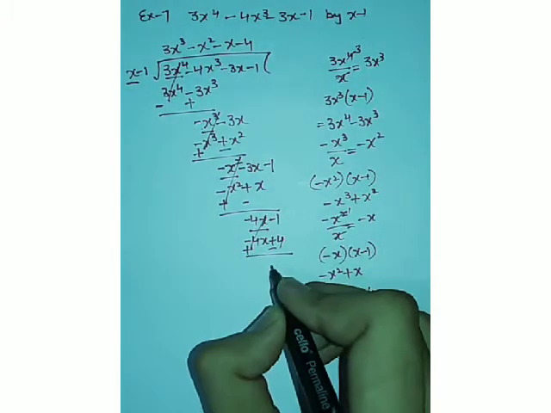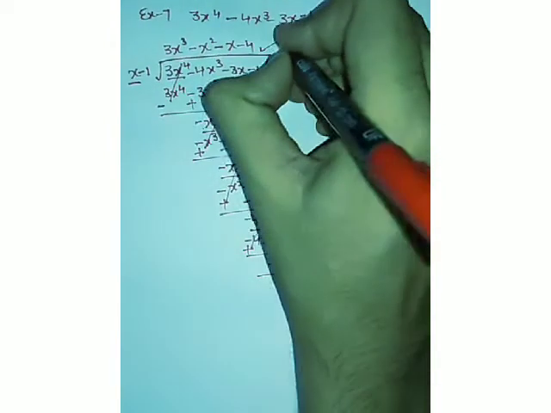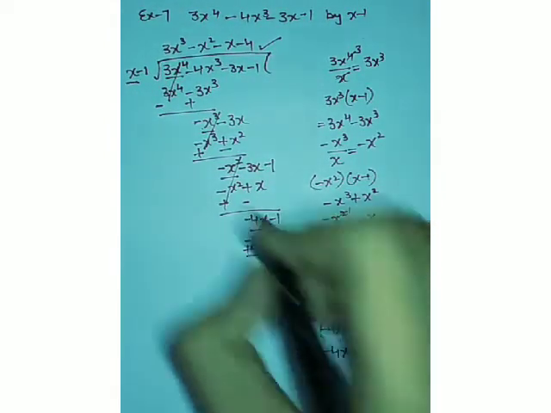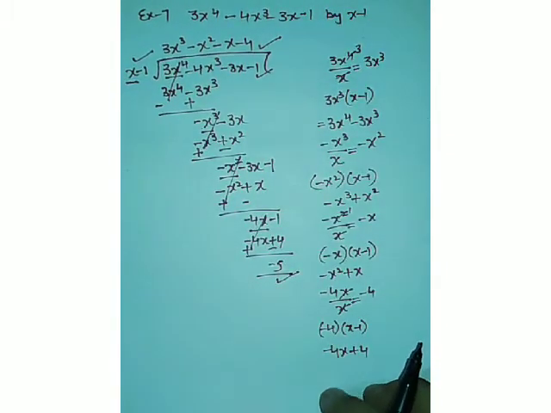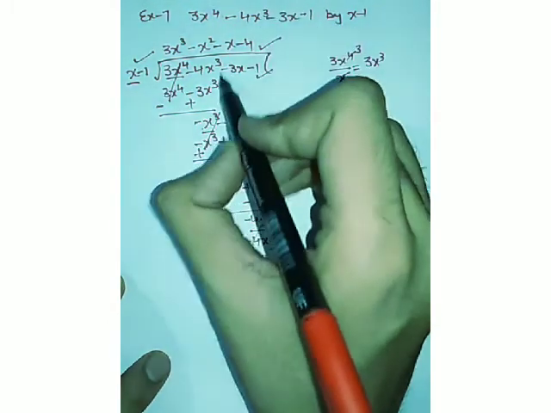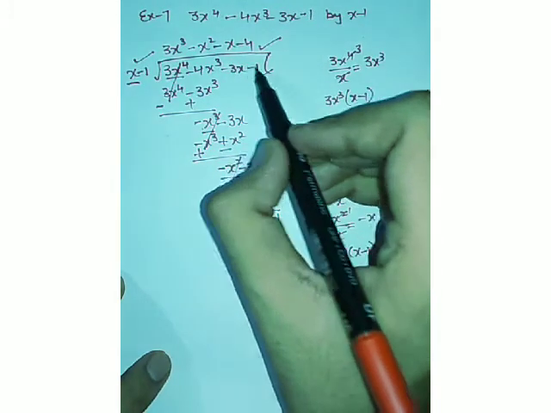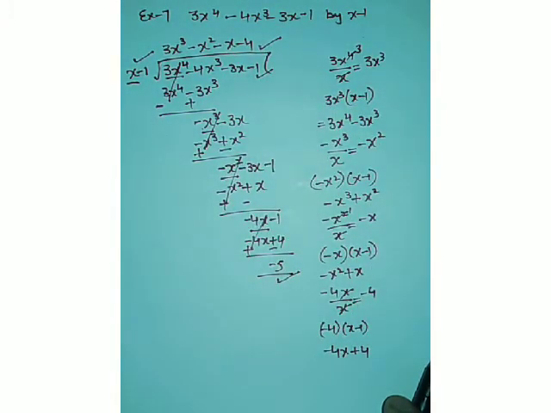This will be cancelled and minus 5 will be your remainder. So this is our quotient, this is our remainder, this is dividend, this is divisor. This is how you can solve the division of two polynomials when a term of some degree is missing. As you have seen, the x square term was missing. So this is how to divide such polynomials.